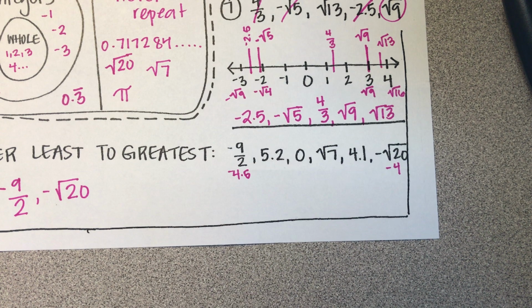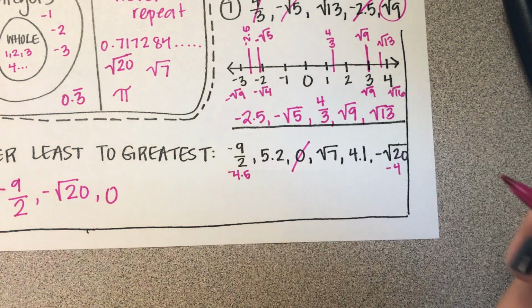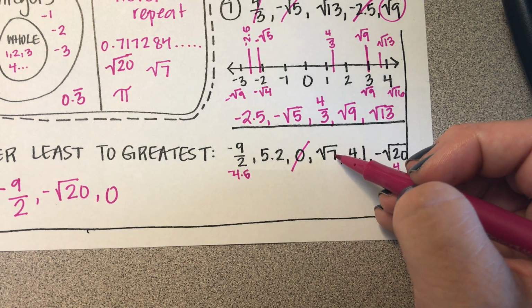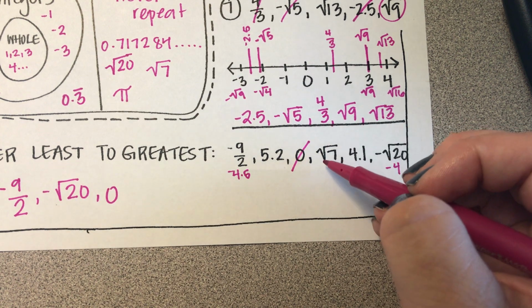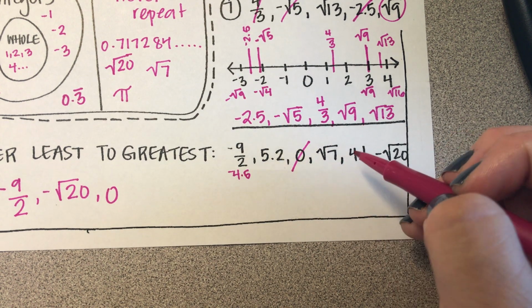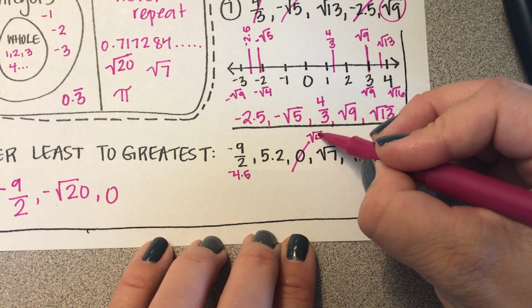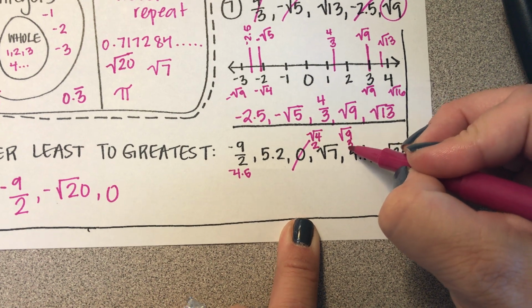Okay, so now I have my positives. There's 0. Thank goodness, that one's easy. I know where it goes. Now I have the square root of 7. I obviously know 4.1 comes before 5.2, but I need to figure out where this one goes. I know the square root of 4 is 2 and the square root of 9 is 3.